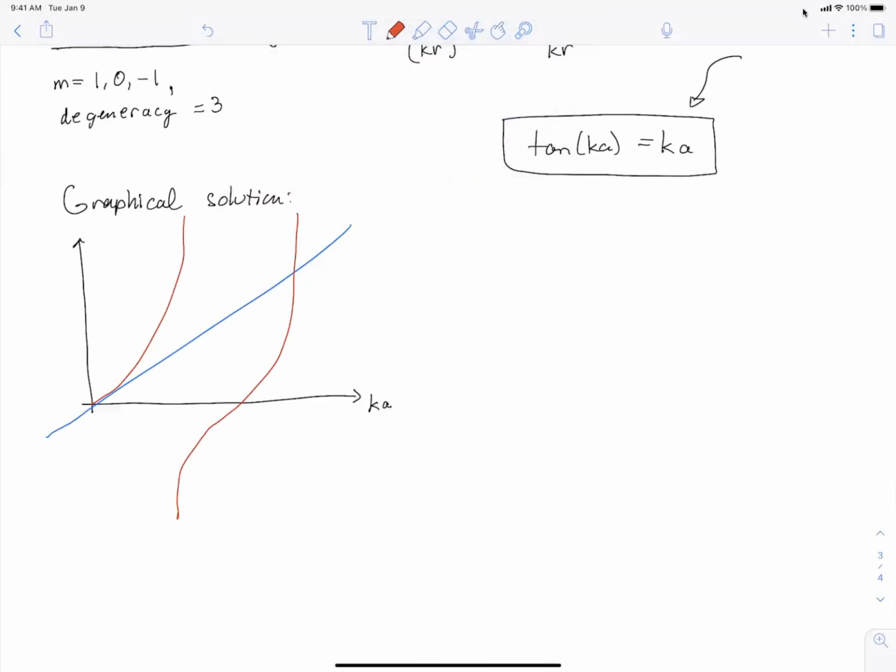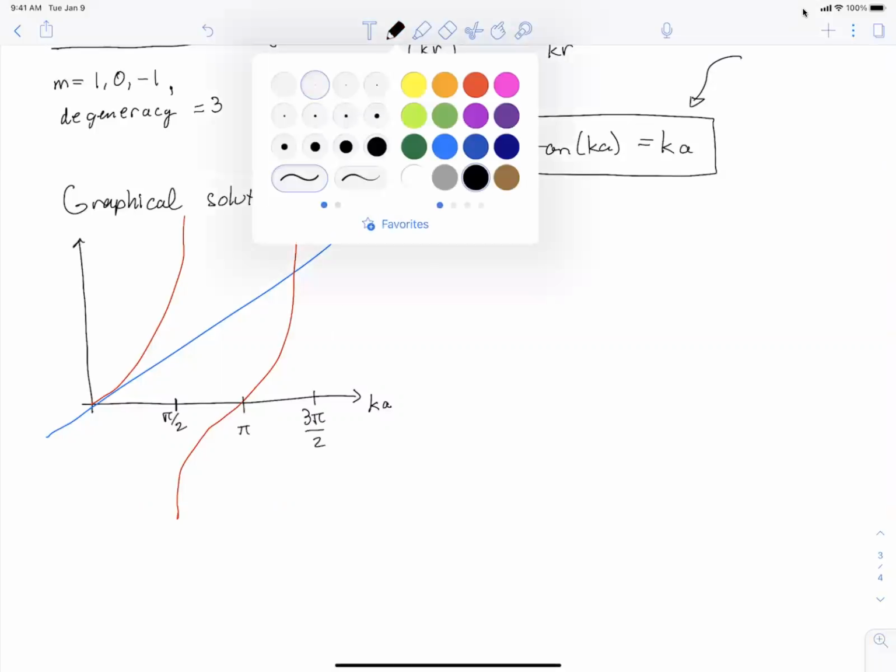This is where the tangent blows up, at pi over 2. And then it goes through 0 at pi. And then it blows up again at 3 pi over 2, etc. Okay, and so the lowest energy solution is going to be this point right here.